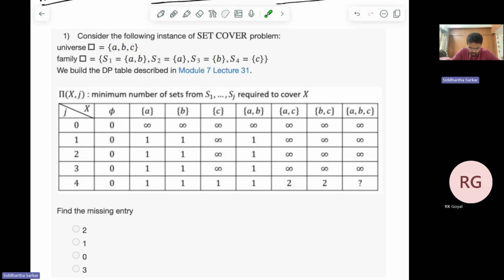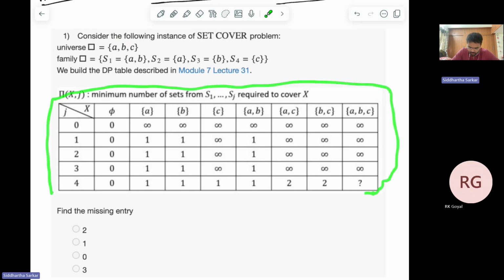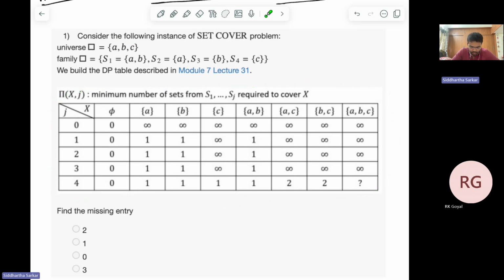To do so, one can use the dynamic programming approach and obtain this table. The first thing is to understand how this table has been formed and what the meanings of these table entries are. The table is denoted by pi, and on the columns it has the subsets, and in the rows it has some indices.